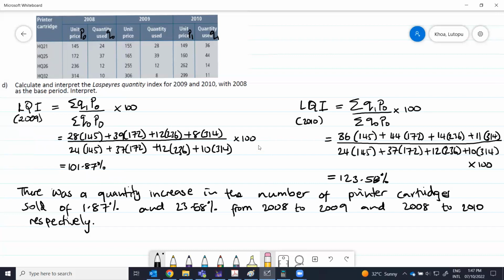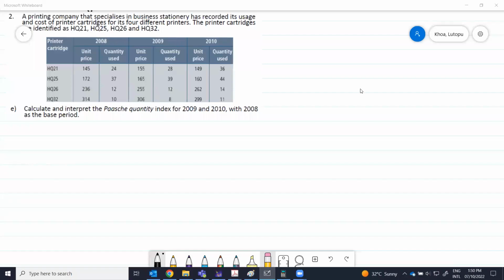Okay, so of course you can word it a little bit differently, but the message should be the same. Okay, so we want the Paasche quantity index. So we start with the one for 2009. So with quantity index, we have Q1 over Q0, and then we multiply by P1 over P1, the summation, then times 100.